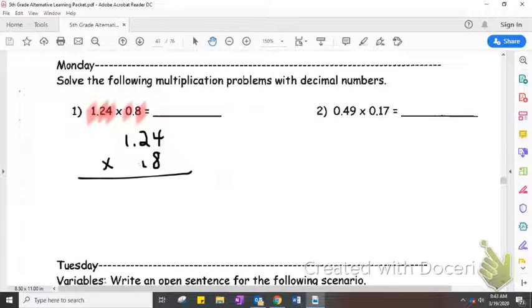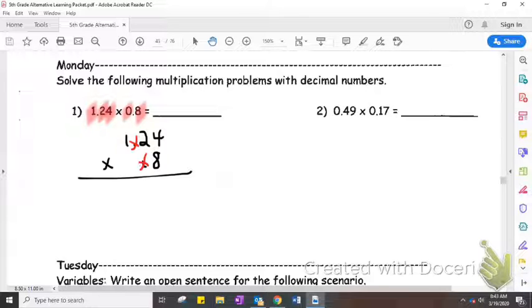That doesn't help me. When I'm multiplying, it actually helps me to sort of ignore the decimal points. Just pretend like I'm multiplying 124 times 8. Then the digits will be the same. What I'll have to figure out at the end is where to put the decimal point, and we can estimate to figure that out.